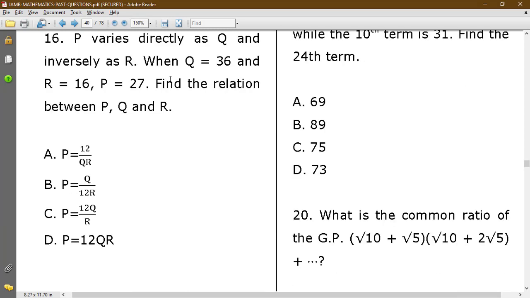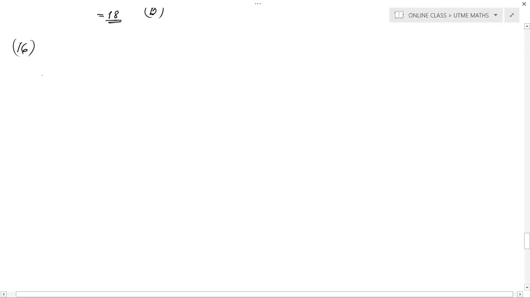From the question here, they say that P varies directly as Q and inversely as R. So we can see that P equals kQ over R. Then k equals PR over Q.